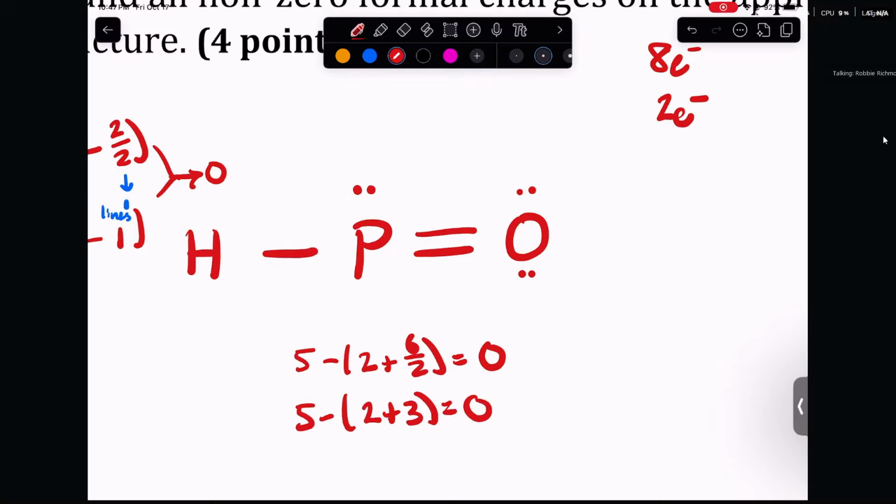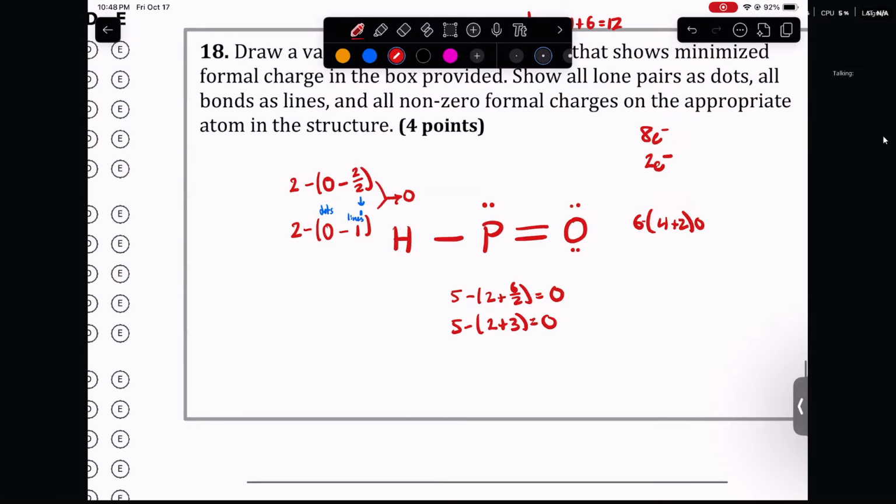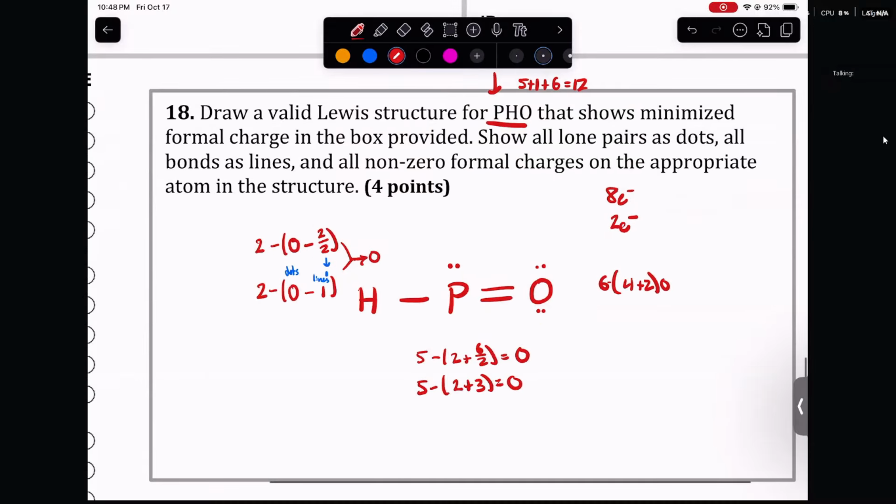Okay, and then oxygen, that's 6 minus, I see 4 dots and 2 lines, that's 0. And if you do Dr. Outlaw's way, it results in the same formal charge. Again, it doesn't matter, just as long as you show that work and you show all the things that the question is asking for, aka non-zero formal charges, lone pairs as dots, bonds as lines.